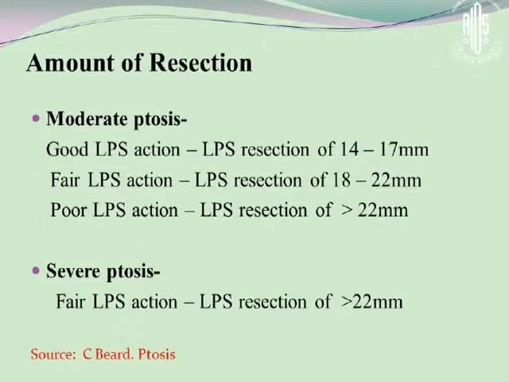The amount of resection is the same as we do in the external approach levator resection. So it depends on the amount of ptosis and the LPS action. For moderate ptosis, you resect around 14 to 22 mm depending on the LPS action. And in severe ptosis, generally we have to resect more than 22 millimeters, especially if the LPS is not very good.